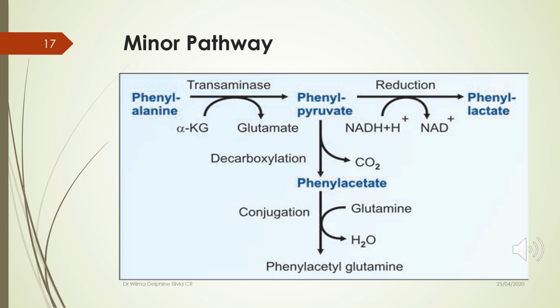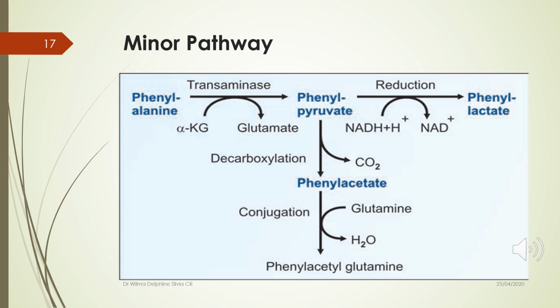When the main pathway for the conversion of phenylalanine to tyrosine is blocked, the phenylalanine concentration increases in the blood. The normal level of phenylalanine in blood is 1 mg per deciliter. Hence, the increased concentration of phenylalanine enters into the minor pathway, so that this minor pathway becomes the major metabolic fate for the accumulated amino acid, phenylalanine.